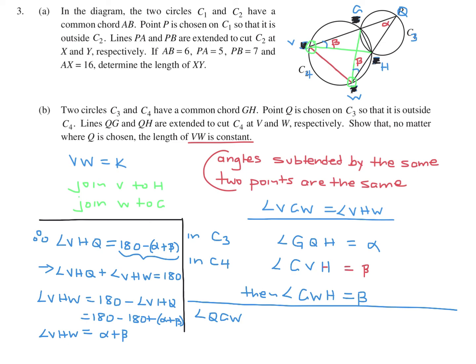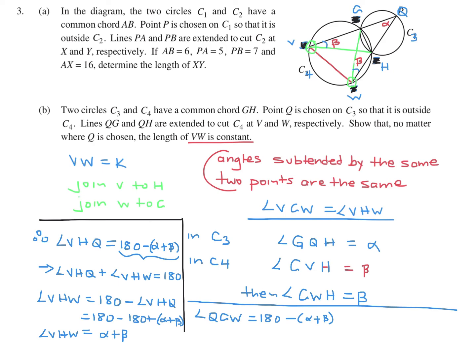And then from the perspective of that triangle, we can write it as that angle QGW is equal to 180 minus the other two angles, which are alpha and beta. And therefore, QGW and VGW, which is this, add up to 180.